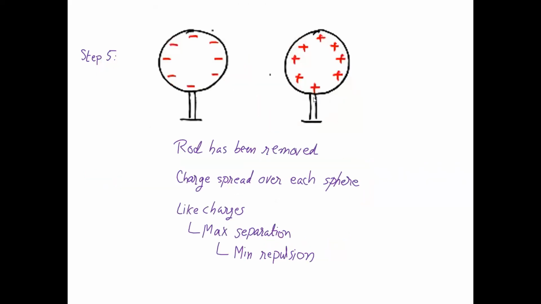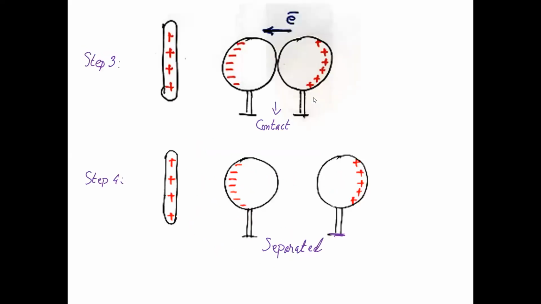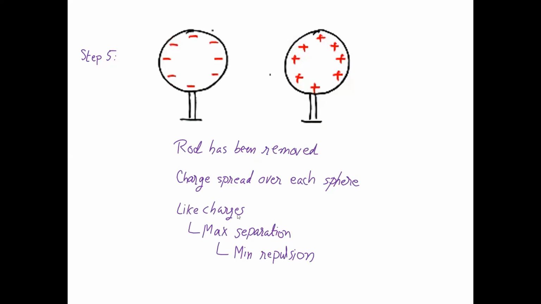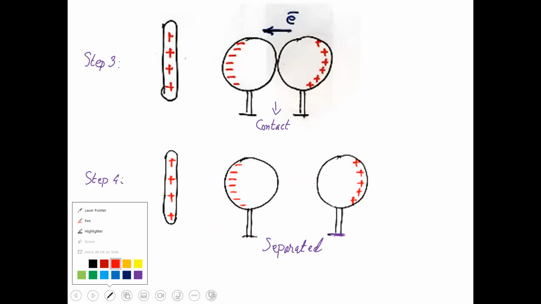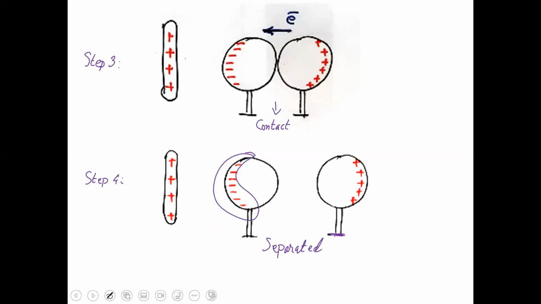Now, after that, I have separated the two spheres. The rod has been removed. Now look carefully. The minus charge was concentrated at a point, in a focus line.